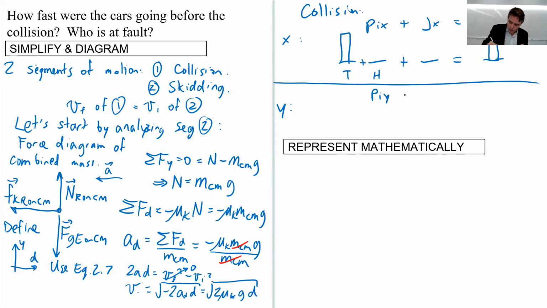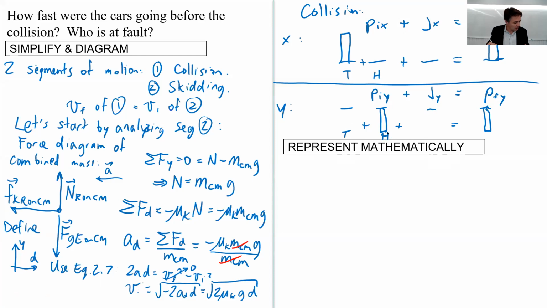And then p initial y plus the external impulse in the y direction is p final y. So once again, this is the Toyota, and this is the Hummer, and the external impulse is 0. The Hummer was going in the negative y direction. The Toyota was 0, the Hummer was negative. There's no impulse, and so you're going to have a negative y.